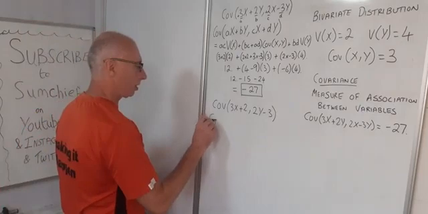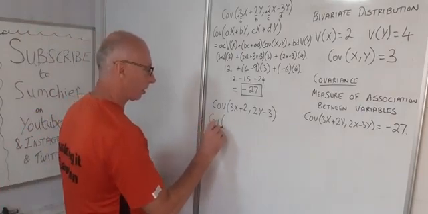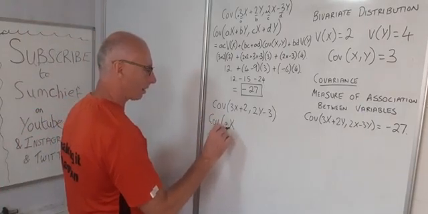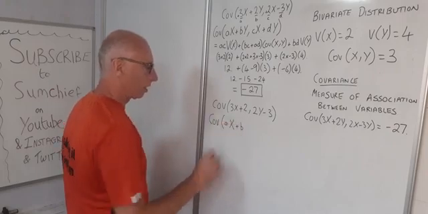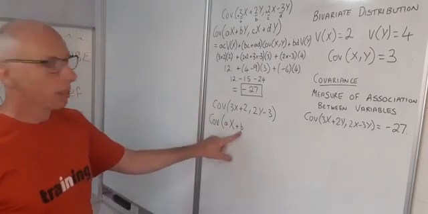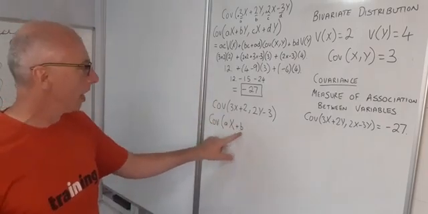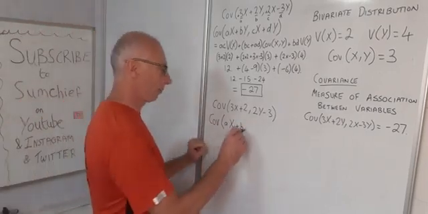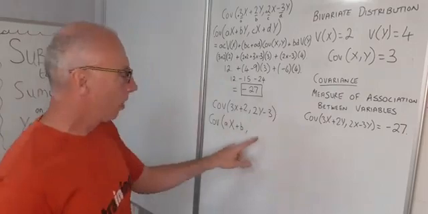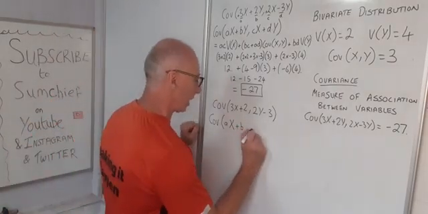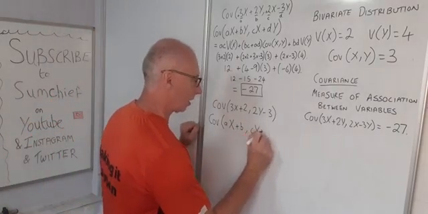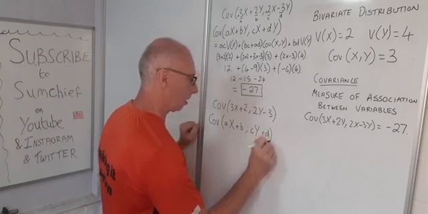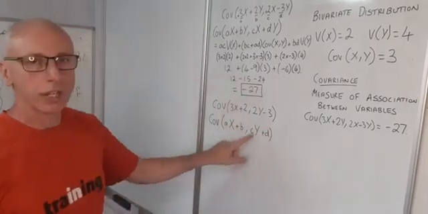So the formula this time is the covariance of aX plus b. a and b are still our coefficients, but notice it's only with x, the random variable. And then we've got cY plus d. That's how we'll write out our formula.